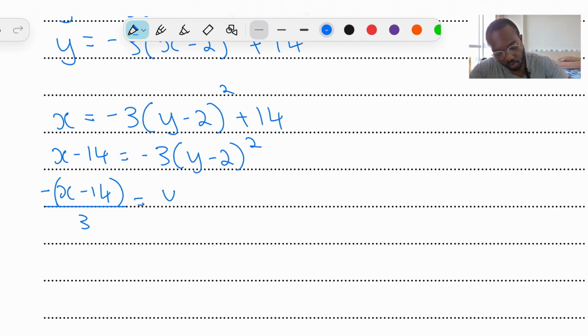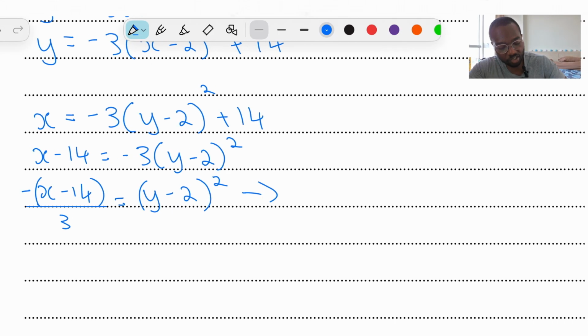And that's equal to (y minus 2) squared. I'm going to rewrite this now. To get rid of that negative, let's just multiply by minus 1. So therefore, we get minus x plus 14. So I'm going to write this as (14 minus x) over 3. And that's equal to (y minus 2) squared.